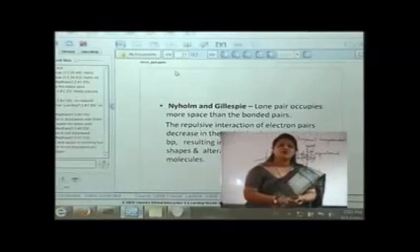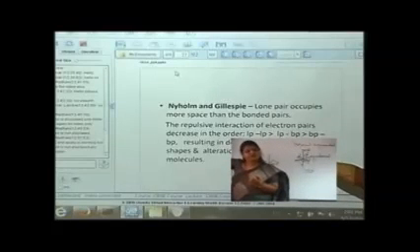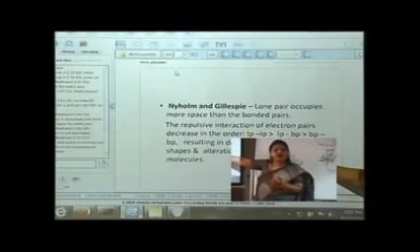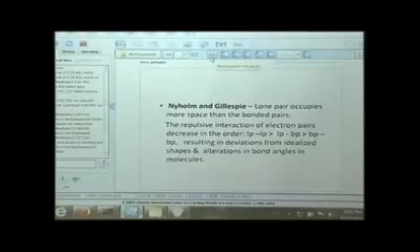So the repulsion is strongest for lone pair-lone pair, followed by lone pair-bonded pair, followed by bonded pair-bonded pair. Just because the lone pair is under the control of only one nucleus, it will occupy a lot of space.